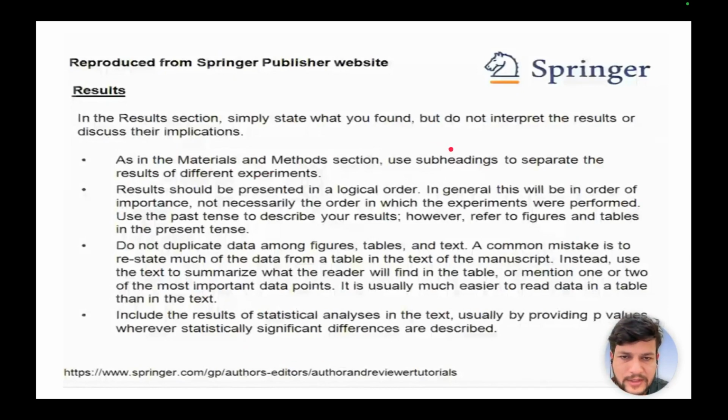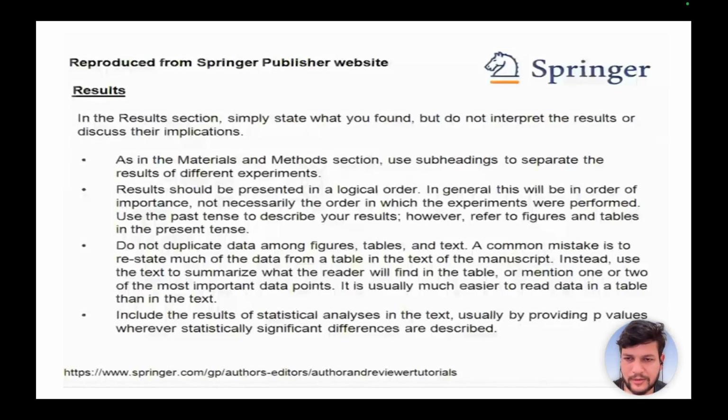In the materials and methods section, use subheadings to separate the different experiments. The same subheadings we have to use here in the results section, so it will be easy for the reader to see that this was the method, and for that method, this is the result that was generated. Results should be presented in a logical order. It should not simply follow the way you performed experiment one, experiment two.